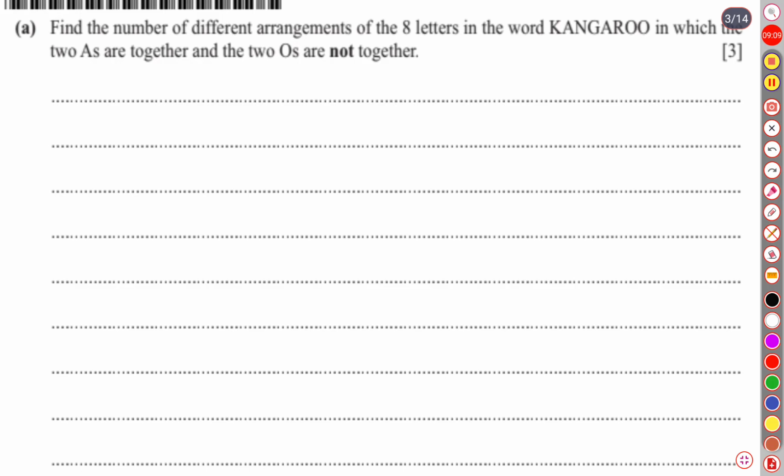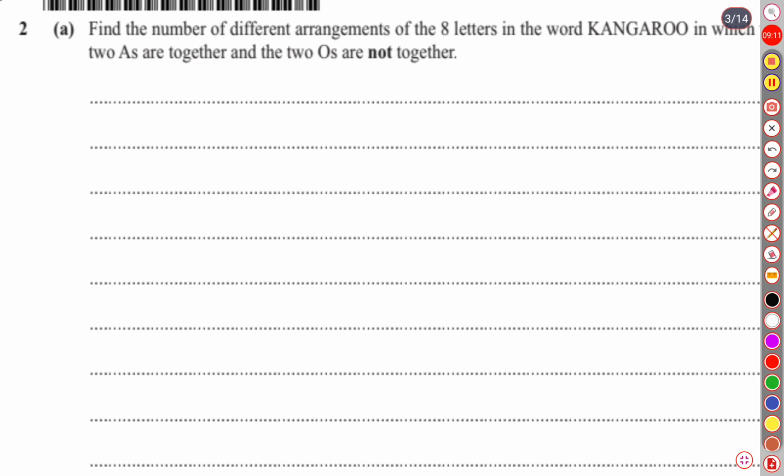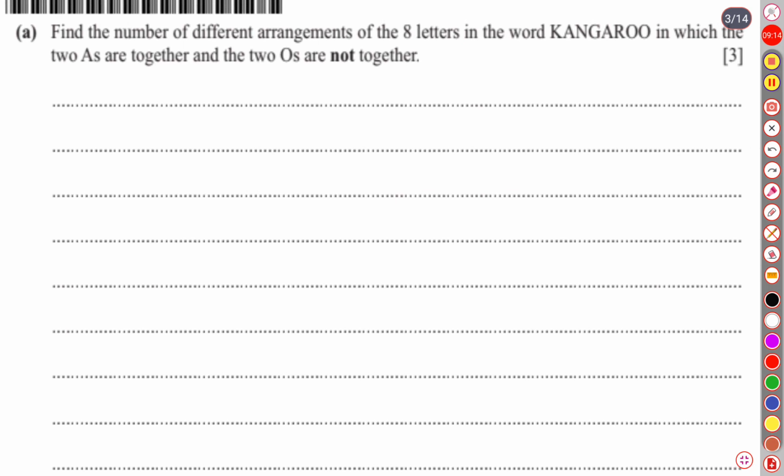There are total 8 letters: 1, 2, 3, 4, 5, 6, 7, and 8. Out of 8, these two A's are together. Okay, then as they are together, they are supposed to be one body.